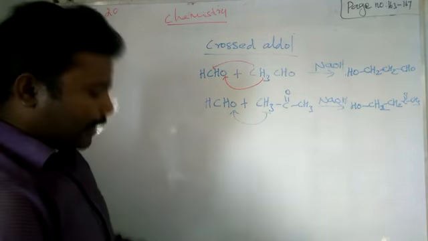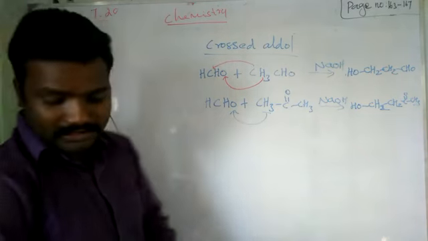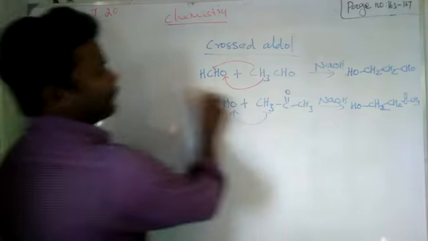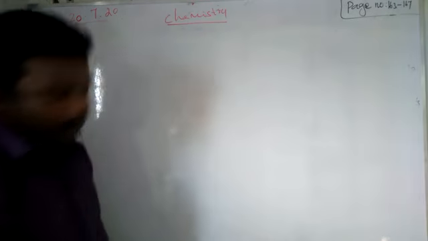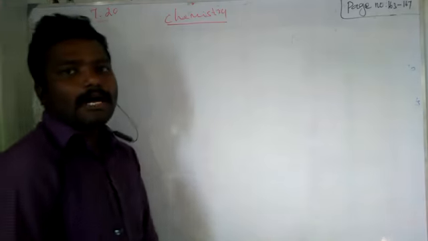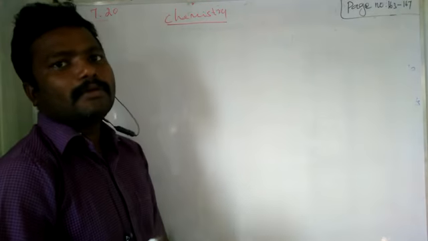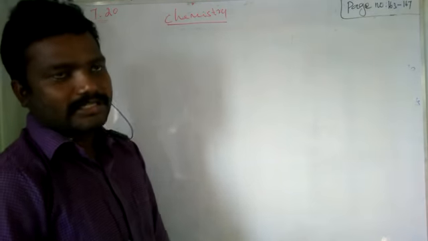Now we are going to learn another type of reaction, that is the Cannizzaro reaction. See, the Cannizzaro reaction is a special type of reaction for aldehydes not having alpha hydrogen, right?